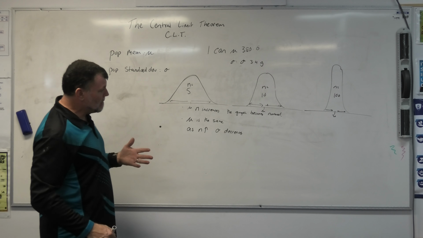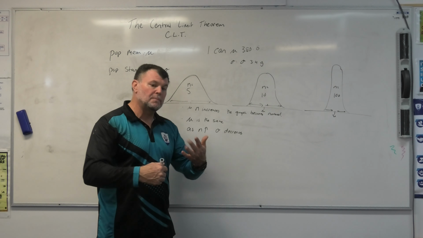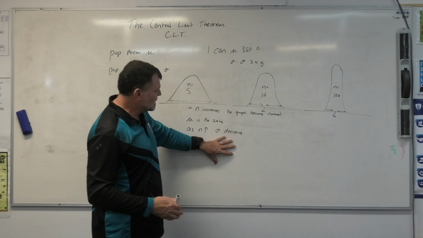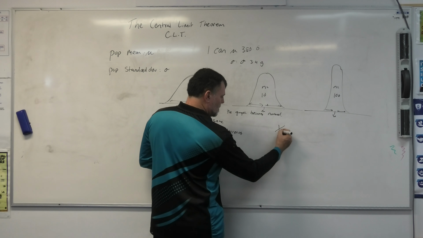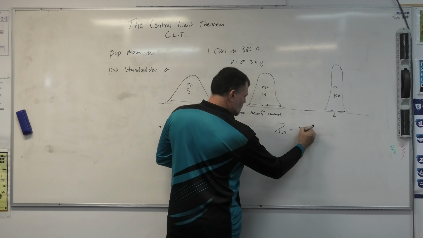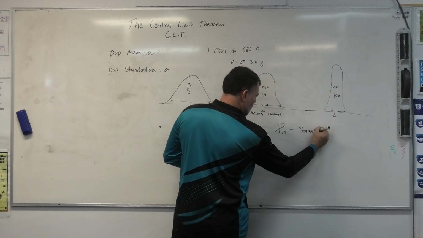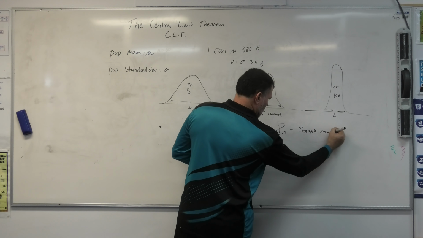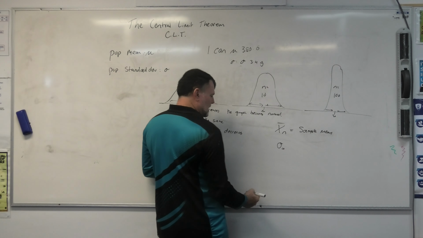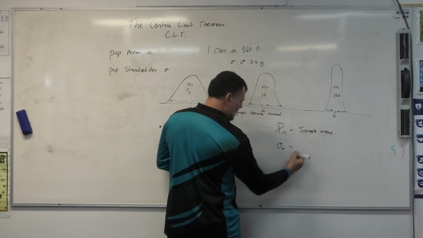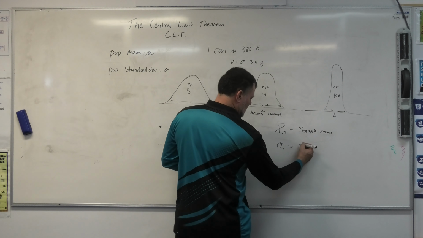So we now have new notation that represents information dealing with sample means. And that would be this. So this here is your sample mean, and this here is your standard deviation. Okay?